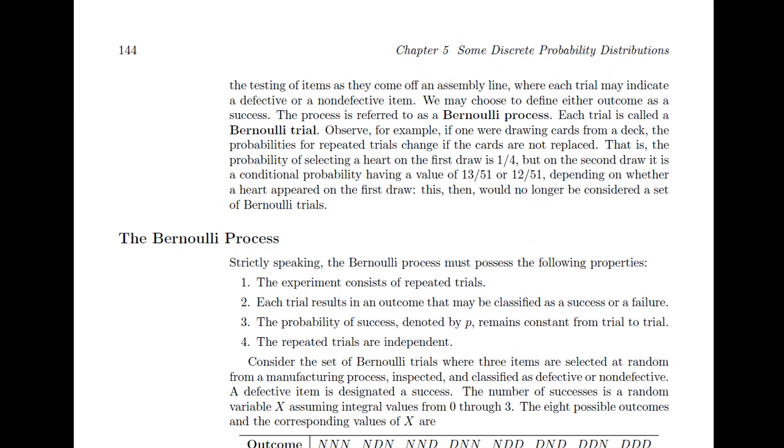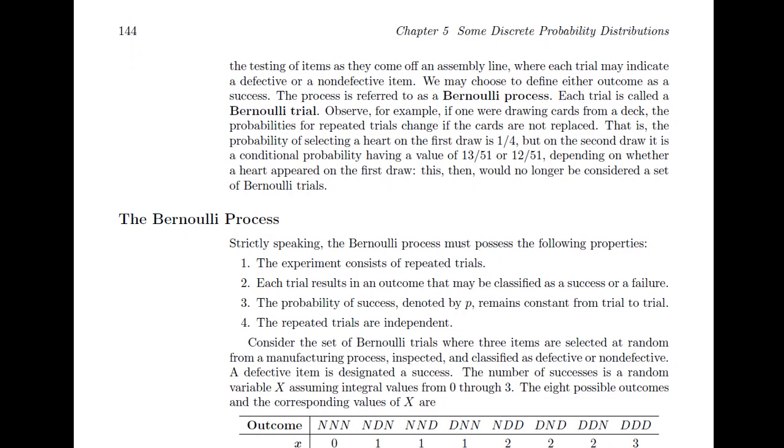That is, the probability of selecting a heart on the first draw is 1/4, but on the second draw it is a conditional probability having a value of 13/51 or 12/51, depending on whether a heart appeared on the first draw. This then would no longer be considered a set of Bernoulli trials.